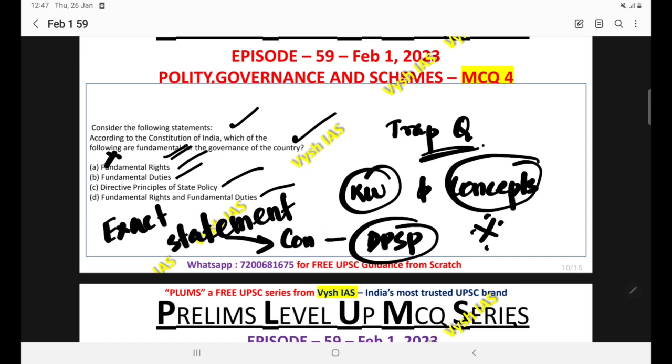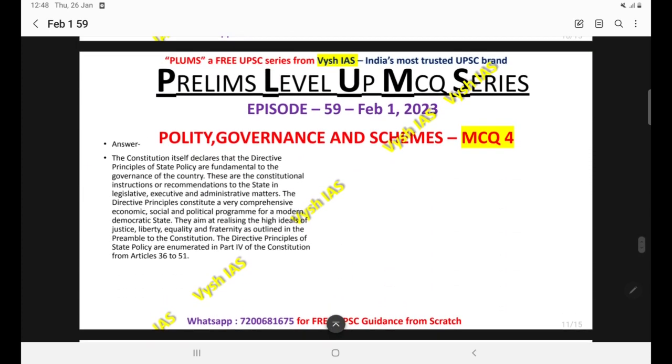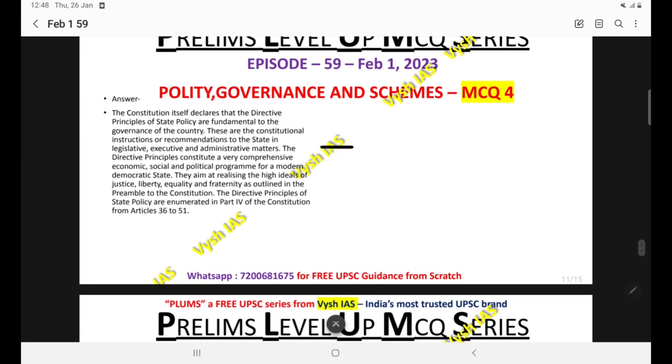Here the Constitution itself is declaring that DPSP is fundamental for the governance of the country. So your answer should be DPSP. That's why I'm repeatedly talking about keywords. Whatever keywords there are, please underline them and revise them multiple times so that you get used to them. So here the correct answer is option C, directive principles of state policy.